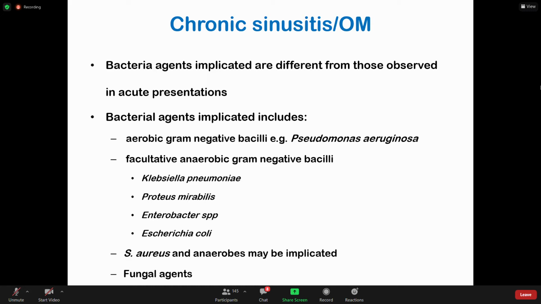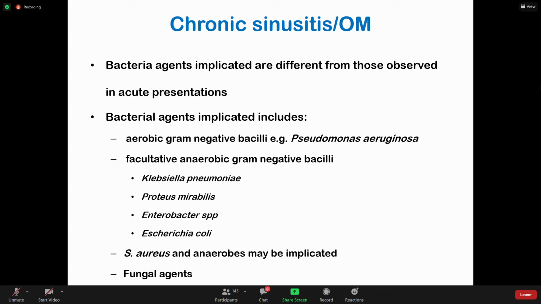Bacterial agents that are implicated, like I told you at the beginning of the discussion, are quite different from those associated with acute presentation. Here you have a more distorted and complex situation. You now have organisms that are opportunistic, such as aerobic gram-negative bacilli like Pseudomonas or Acinetobacter.